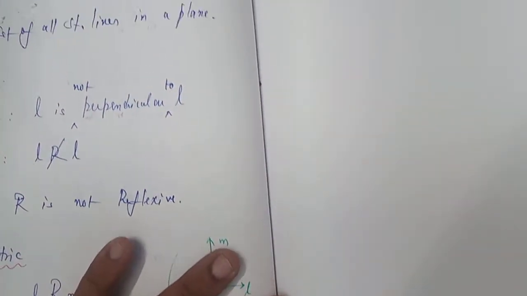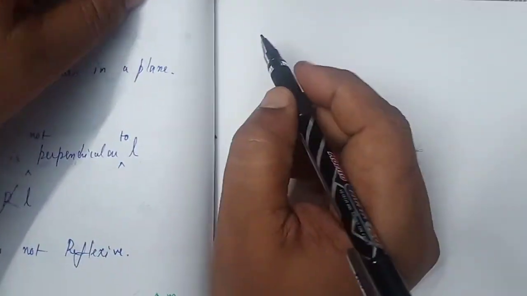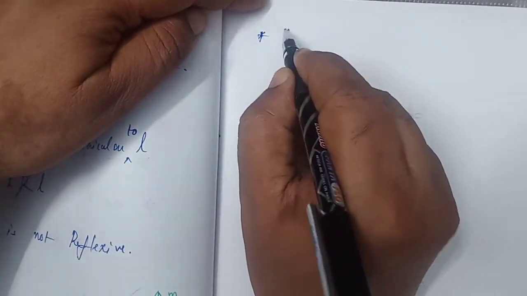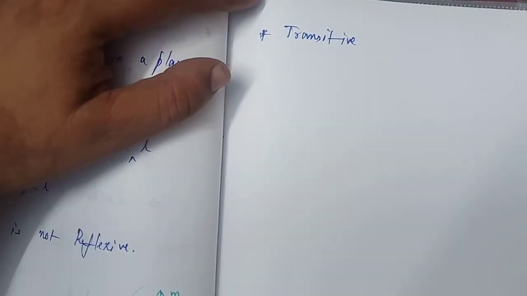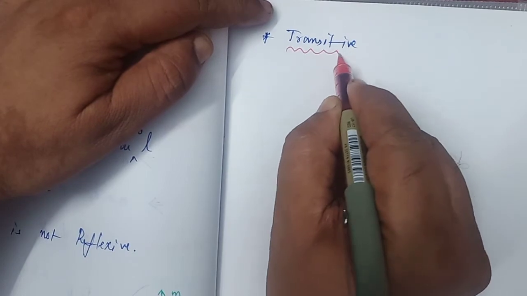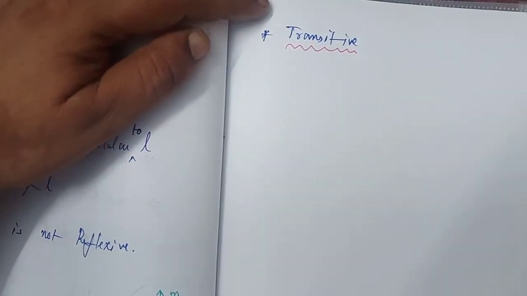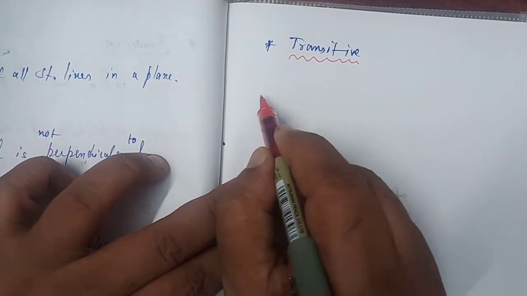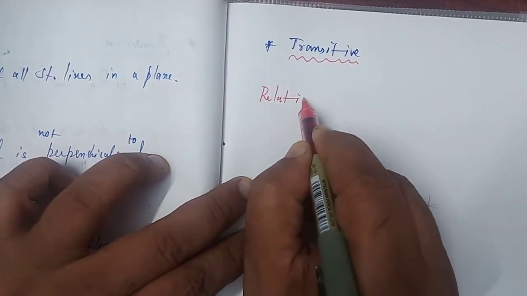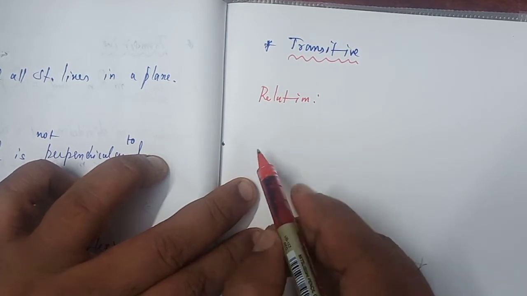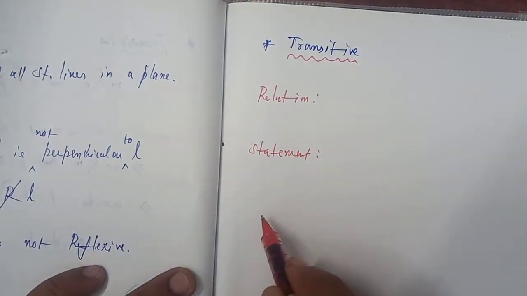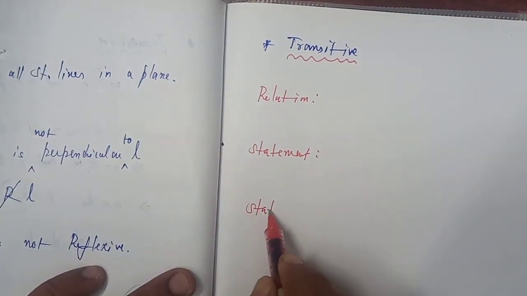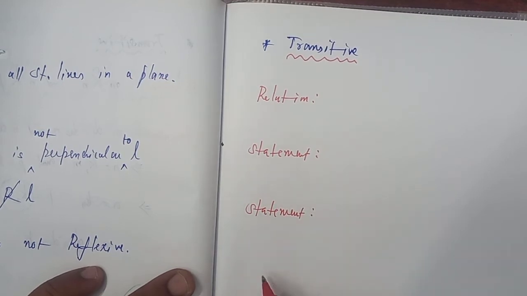Now the last one is transitive. For transitive, same procedure: relation, statement, again statement, finally relation.